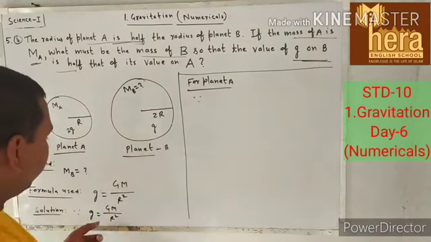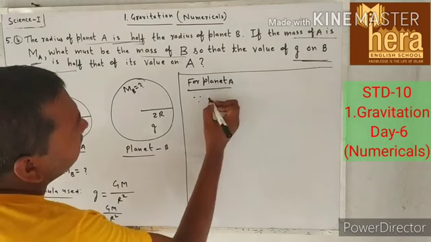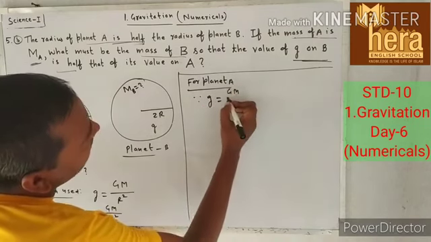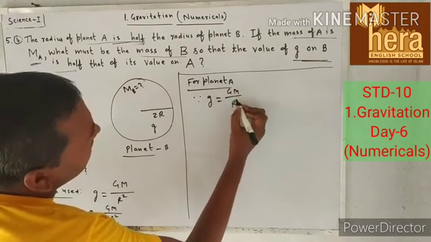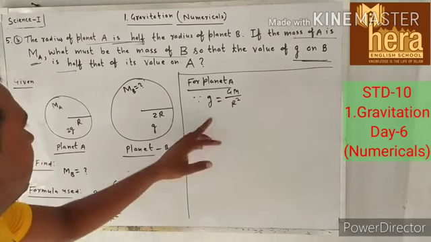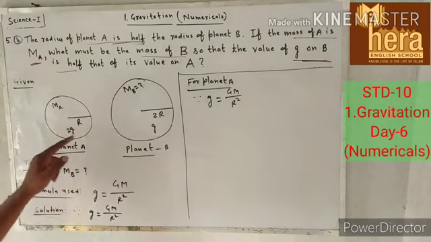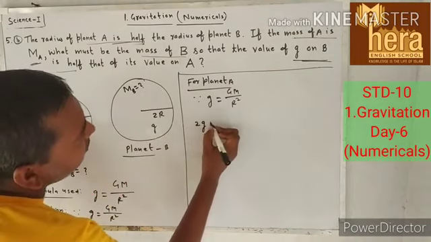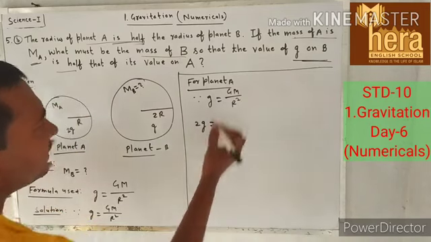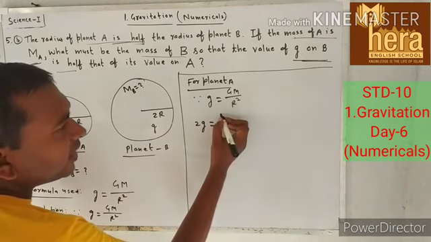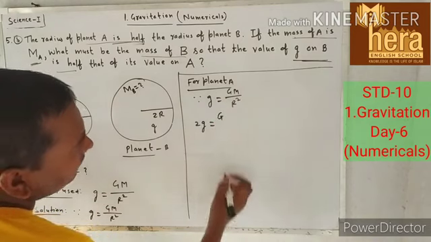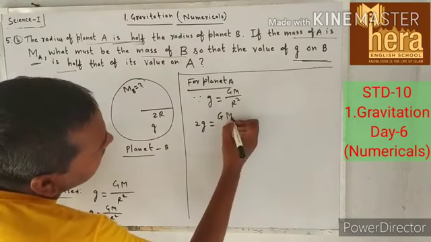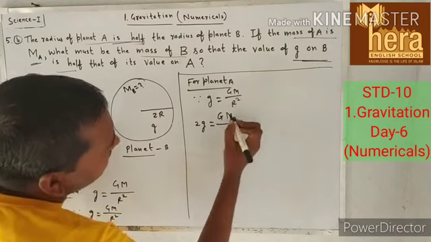Since g is equal to GM upon R square, at the place of g, that is 2g, is equal to G is a constant, M is MA, upon R square.